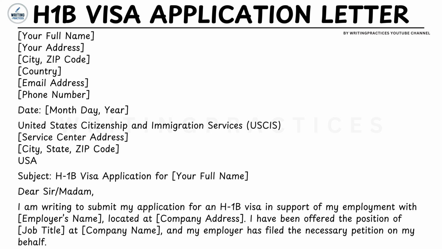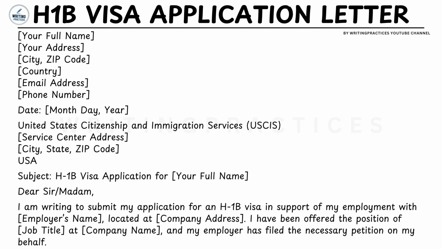I have been offered the position of software engineer at Tech Solutions, Inc., and my employer has filed the necessary petition on my behalf. This paragraph immediately informs USCIS about your employer, job position, and the fact that your petition has already been submitted, which is essential for processing your application.